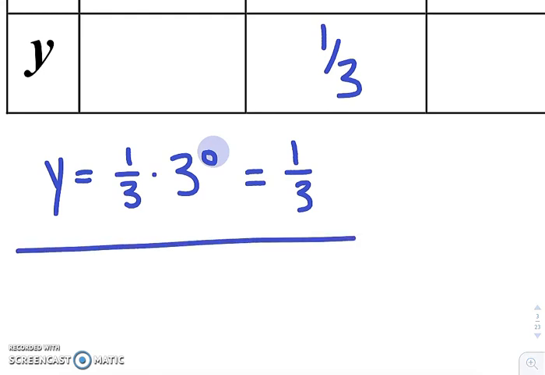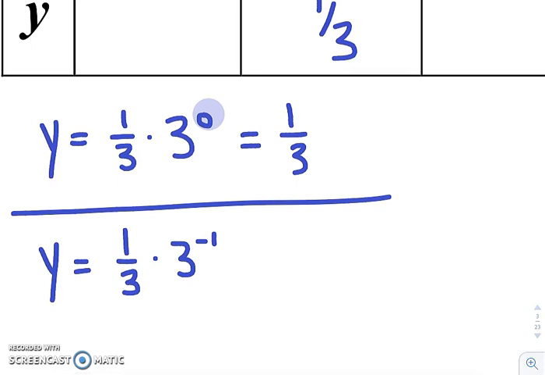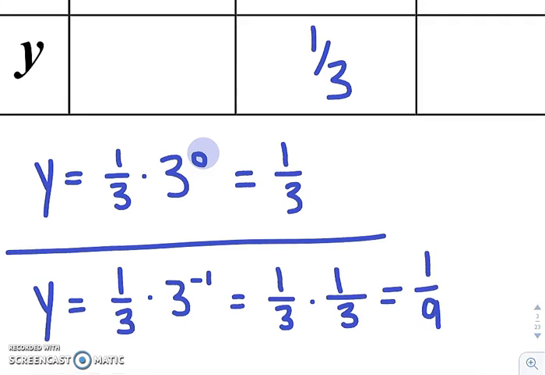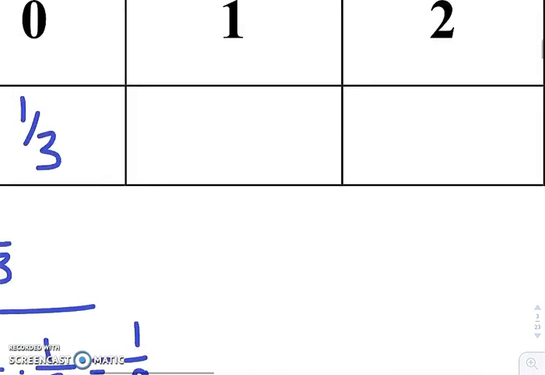Now let's plug in -1. So 3 to the negative first power, we can't have negative exponents. Our exponent rules say that we move that 3 to the bottom and it becomes 1/3. So 1/3 times 1/3 is 1/9. So we plugged in -1 that time. Now we're going to plug in 1, 2, and 3.